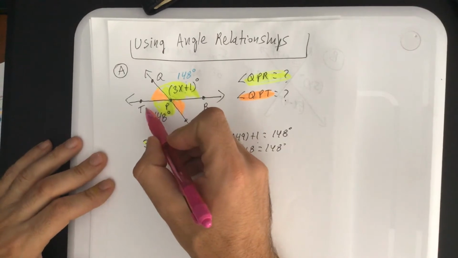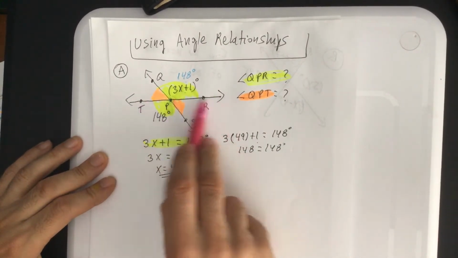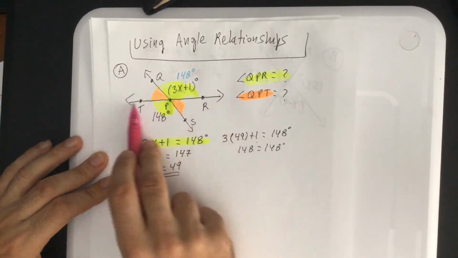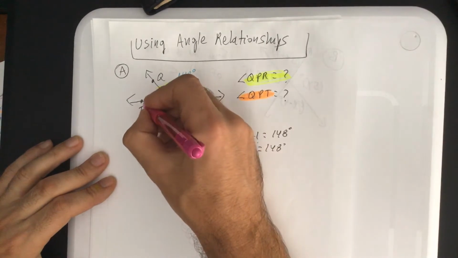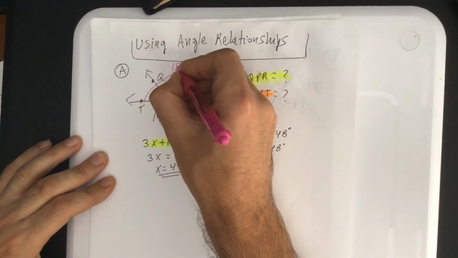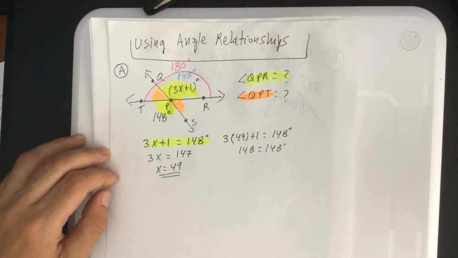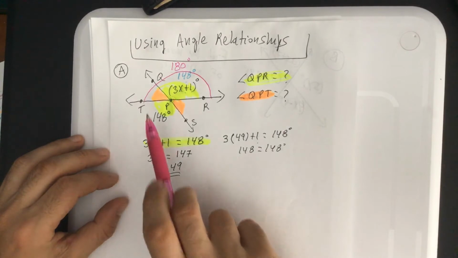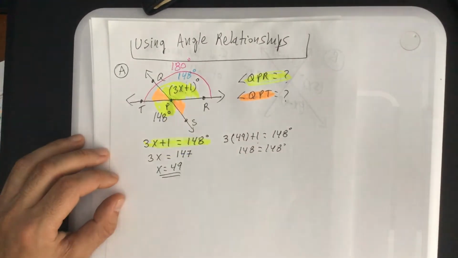If you remember from previous sections, this angle is a straight angle, and these two angles are a linear pair. So all of these together is 180 degrees. So it's pretty simple. Basically 180 minus 148 should give you that.